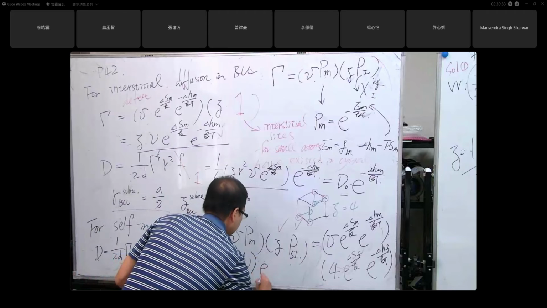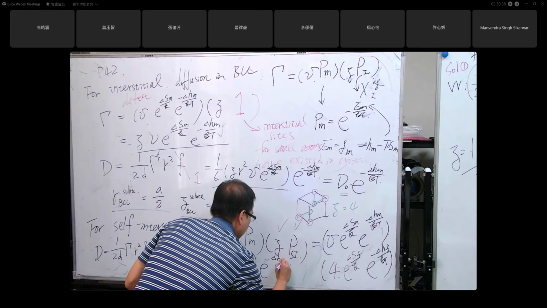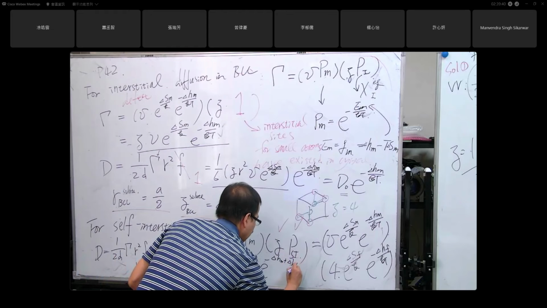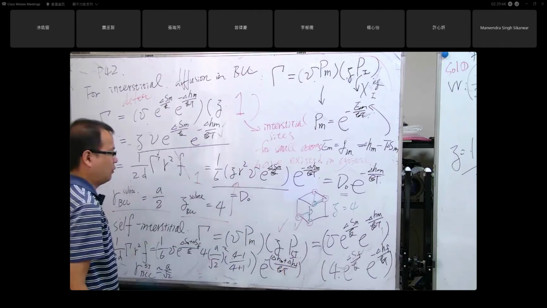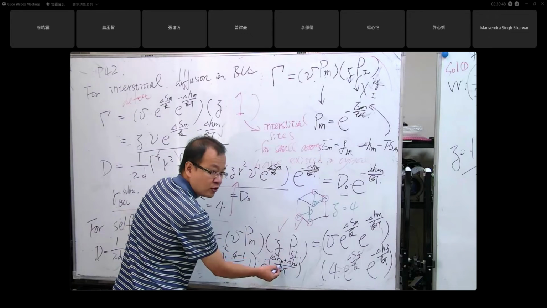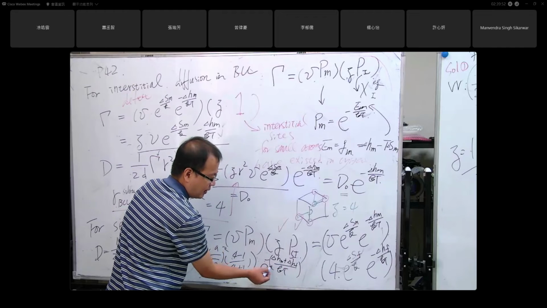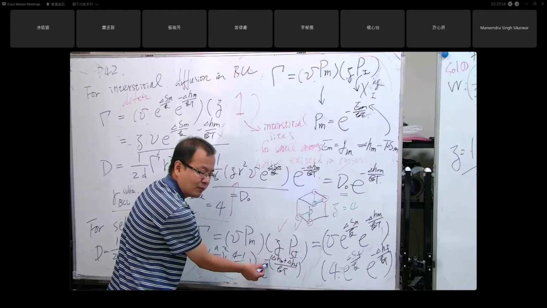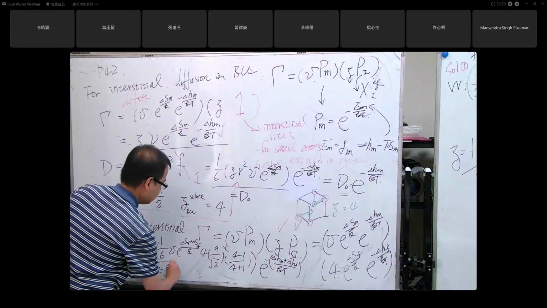Diffusivity. Right? So this is your migration enthalpy and the formation enthalpy divided by kT, and don't forget the minus sign. And your diffusivity looks like this.